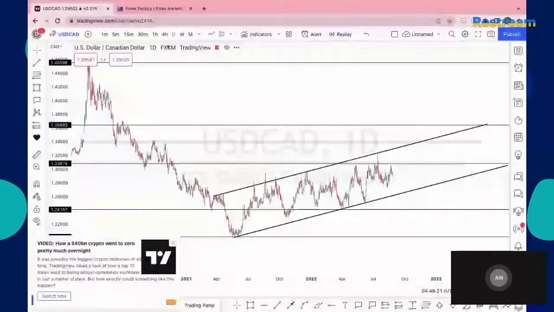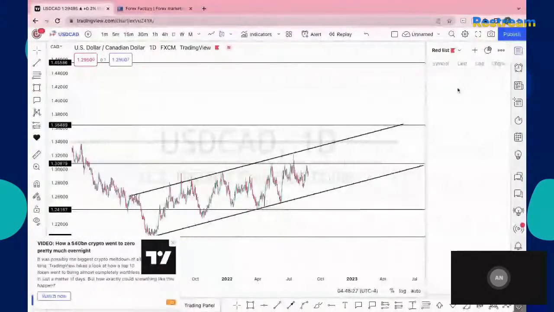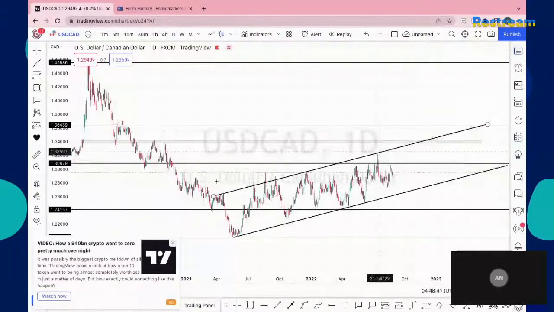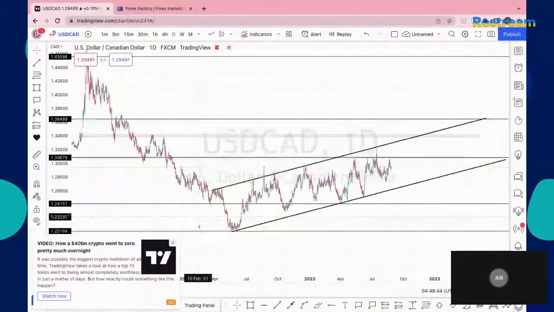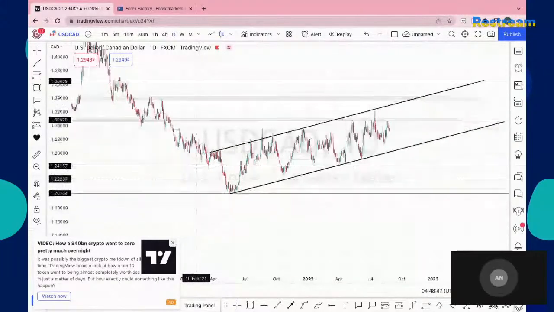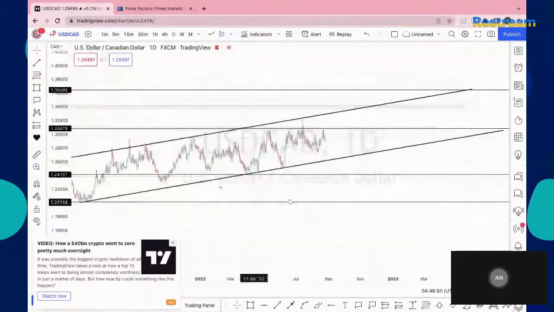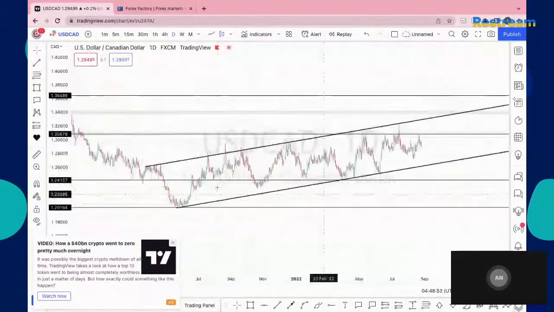Okay, we've got like 12 minutes for gold, right? I'm just going to move gold here. I want us to check it out and how it plays. So already we can see that it's in an uptrend.